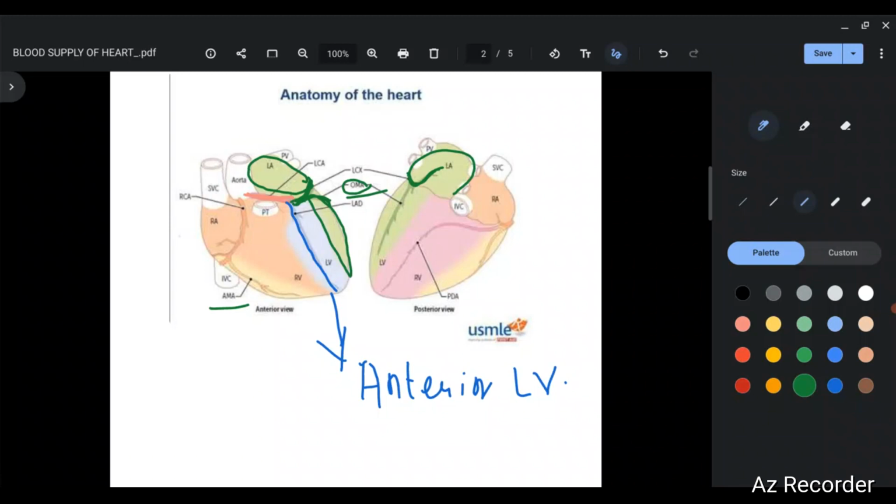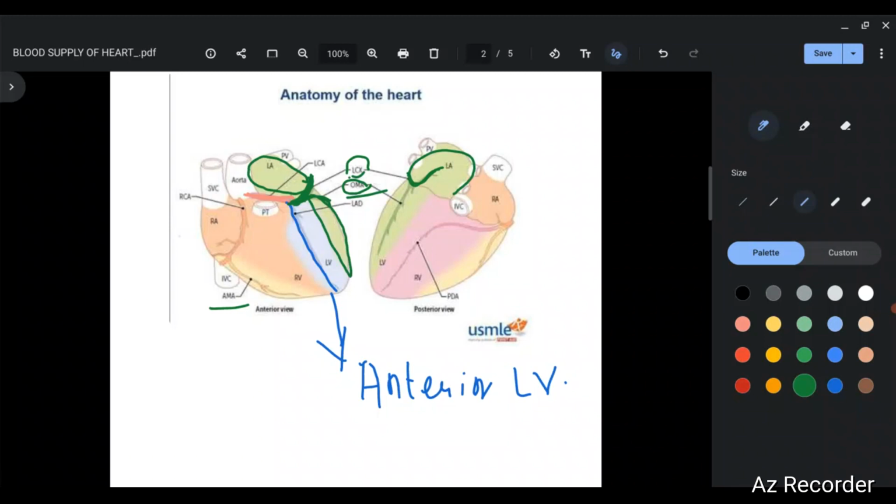So one important thing you need to know: where is your left circumflex artery located? This over here. Your left circumflex artery is located in the groove between your left atrium and left ventricle.